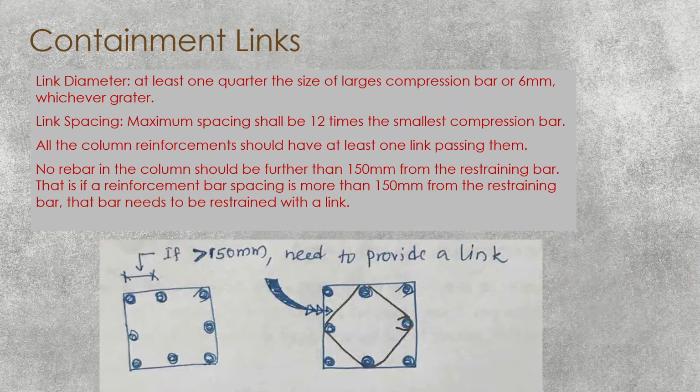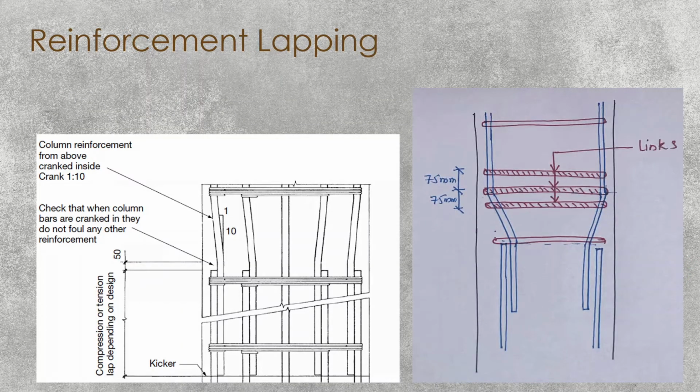Links. Reinforcement lapping. What do we need to consider at lapping? There are two types of laps: side laps and vertical laps that need cranking of the reinforcement. In the side lap, you don't need to crank the reinforcement. If you have adequate space, you can do the side lapping, except at the corners.